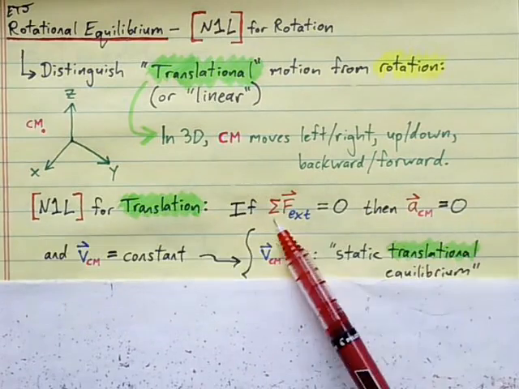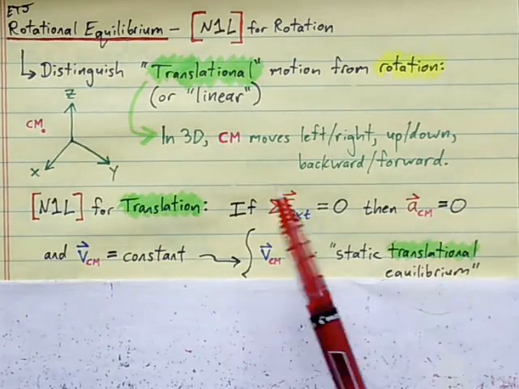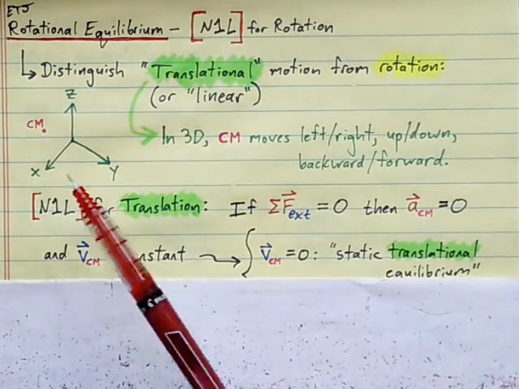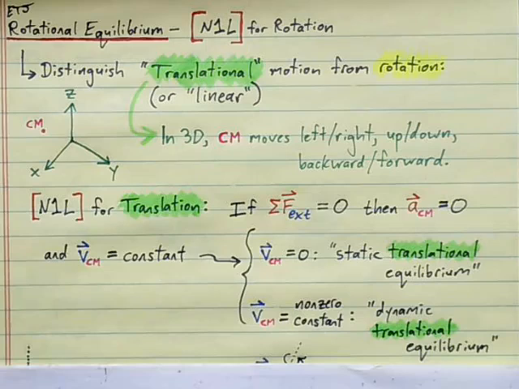If the net external force on the system is zero, then the acceleration of that imaginary point, the center of mass, will be zero, meaning the velocity of the center of mass will be constant, and we distinguish two kinds of translational equilibrium.